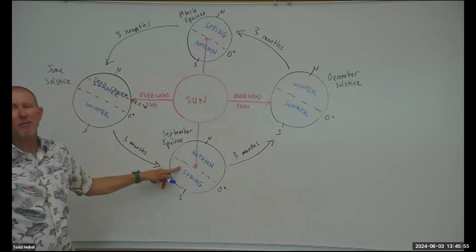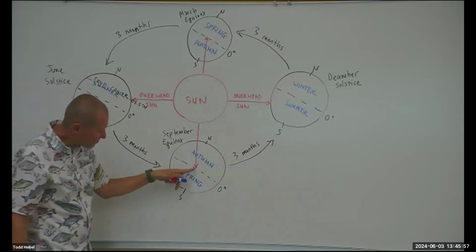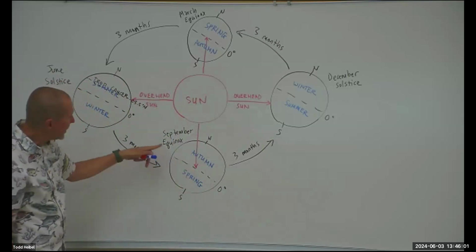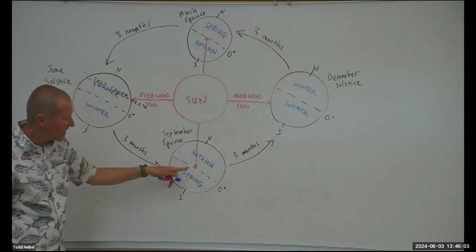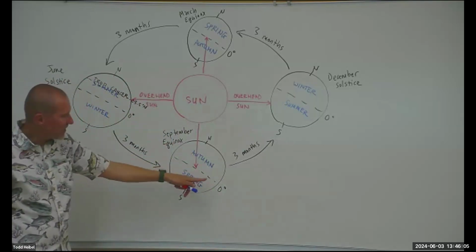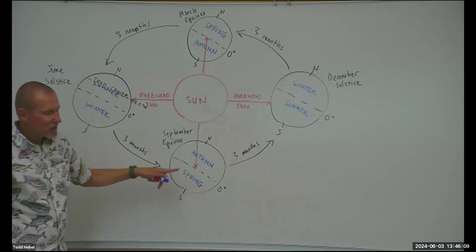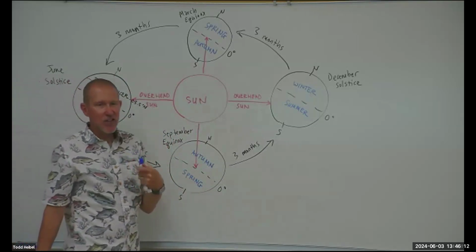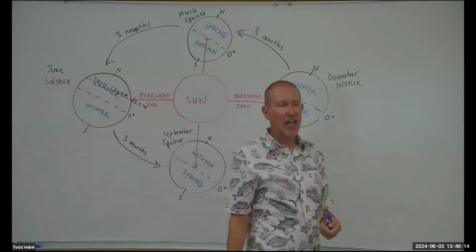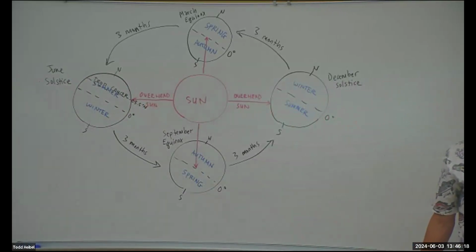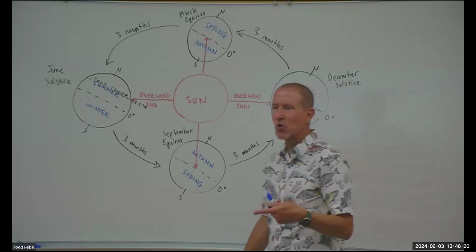So if you can use your imagination a little bit, where is the subsolar point, the overhead sun at the September equinox? It's actually going to be the what? So think equinox. That sounds a little bit like which parallel of latitude? The equator. So think equinox, equator.